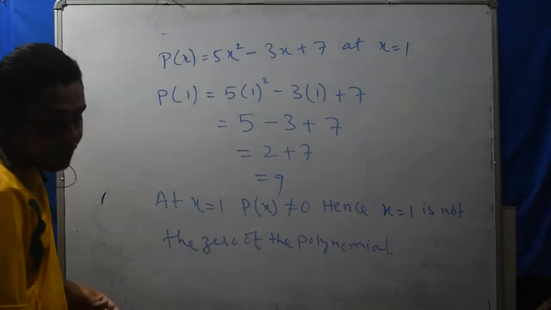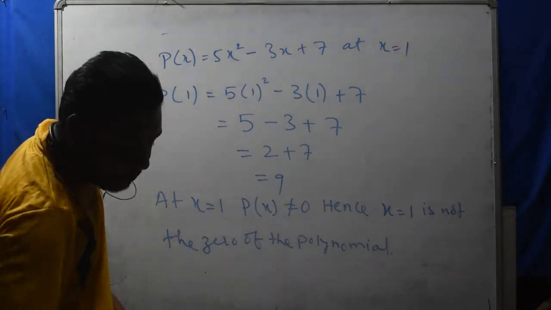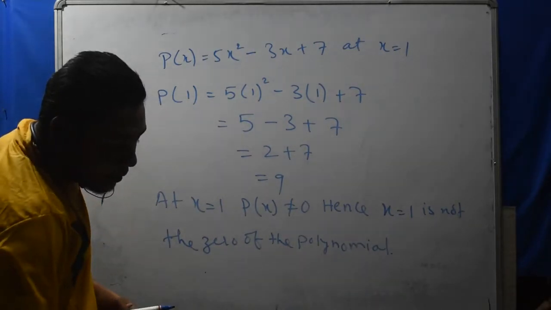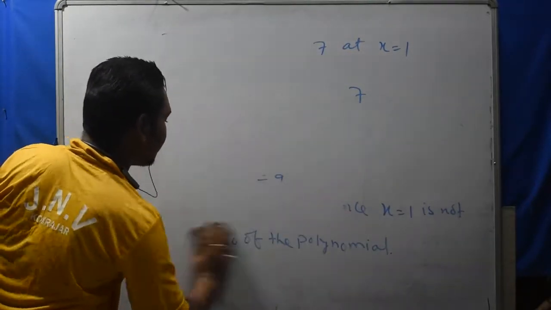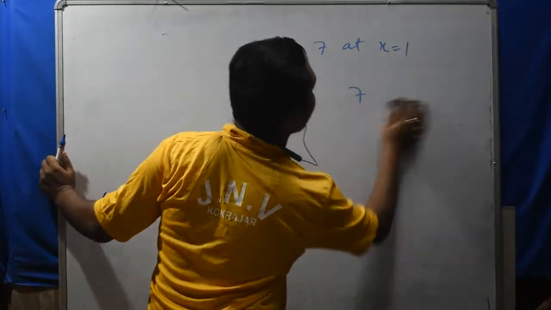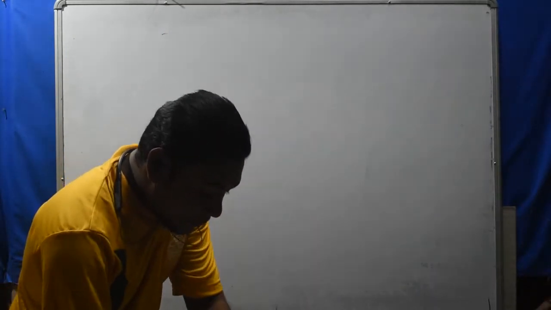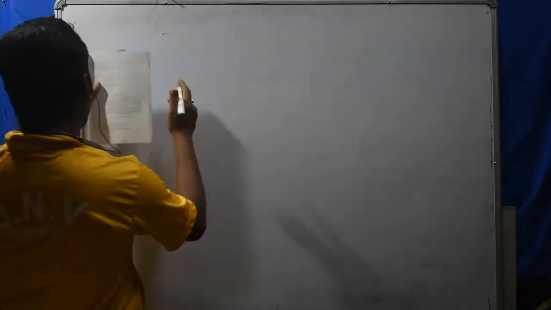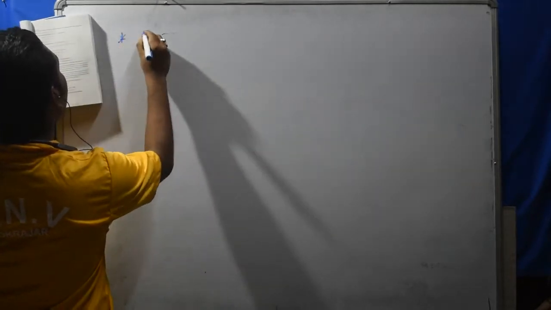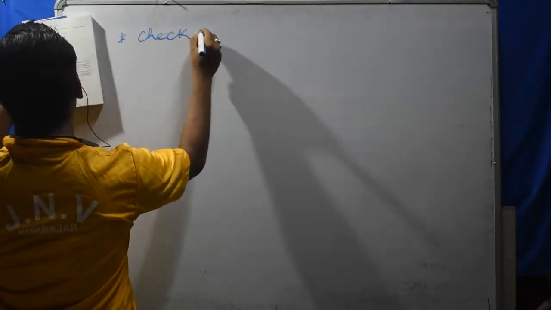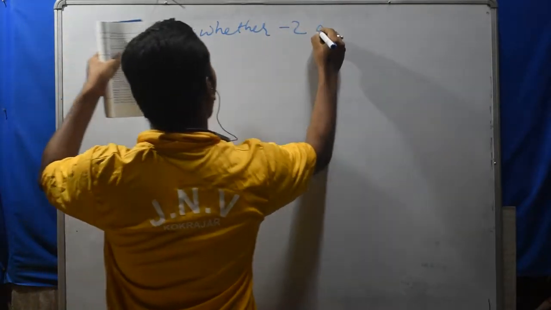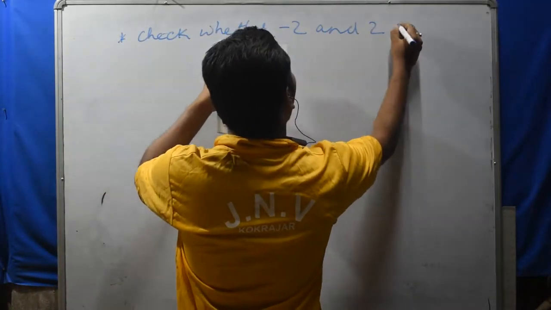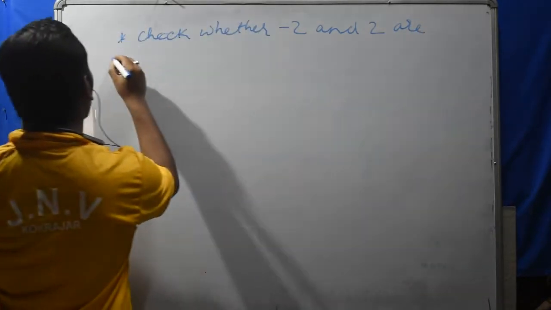Okay. Now let us check another example. Example number 3: check whether -2 and +2 are zeros of the polynomial.